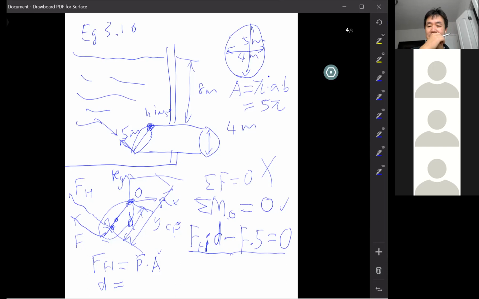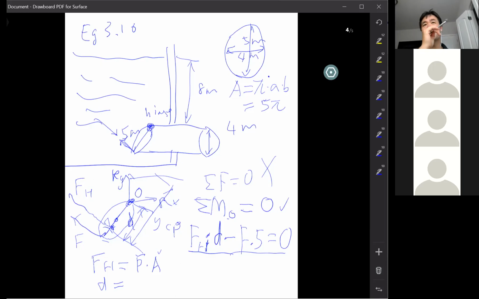Could you say that again? We use the pressure on the centroid to represent the average pressure of a surface. Is that understandable? I thought that was gamma H. That's right, I'm just talking about the concept.